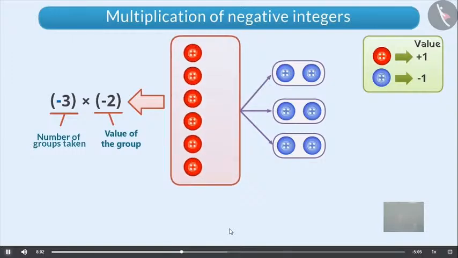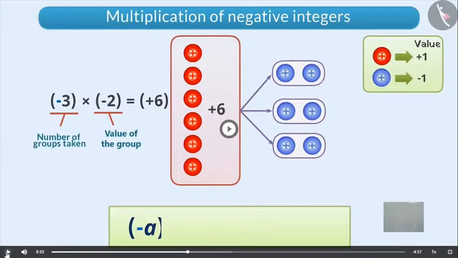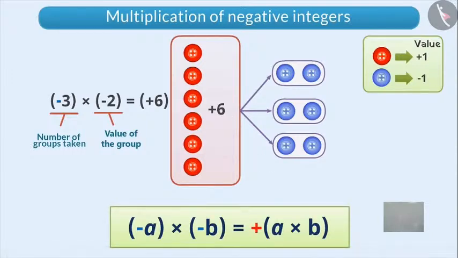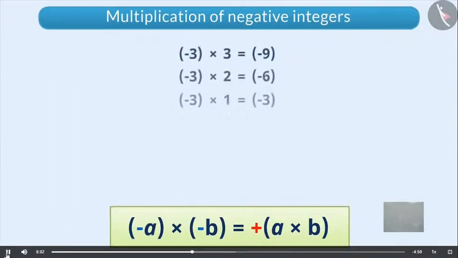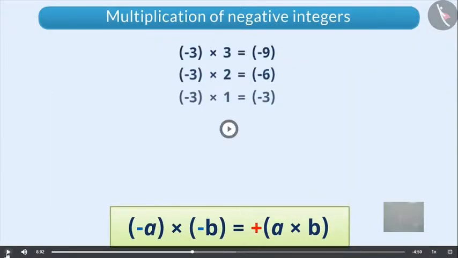After taking them out, we are left with 6 red buttons whose value is positive 6. This means minus 3 into minus 2 is equal to plus 6. What happened here? They have taken out the negative, so what are they left with? Only positive integers. Okay? Therefore, we can say that multiplication of any two negative integers always results in a positive integer.